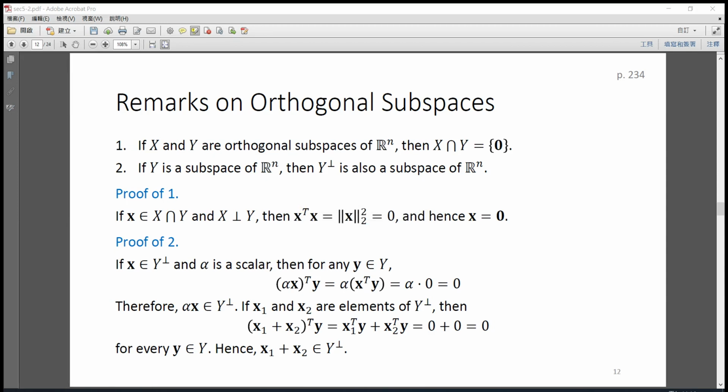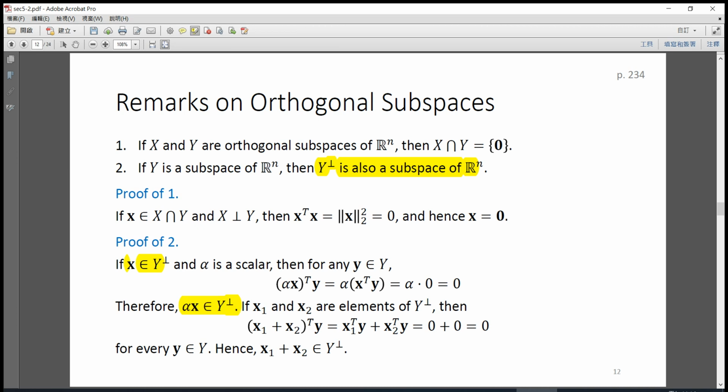The second remark is that if Y is a subspace of Rn, then Y perp is also a subspace of Rn. To prove this, we need to show the scalar multiplication is closed in Y perp, and we also need to show the vector addition is also closed in Y perp. To this end, we consider x in Y perp, and we want to show alpha x is also in Y perp.